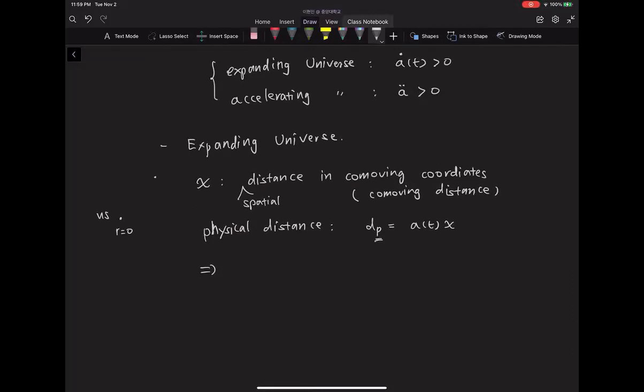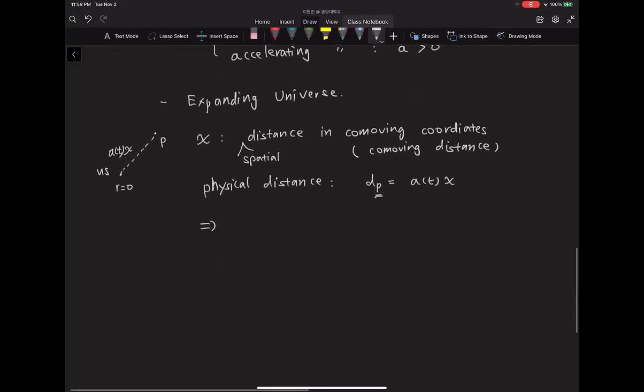And then point P, we have the comoving distance, chi times the scale factor. If the universe is not expanding, the physical distance is the same as the comoving distance. So chi is the distance in r, theta, phi.